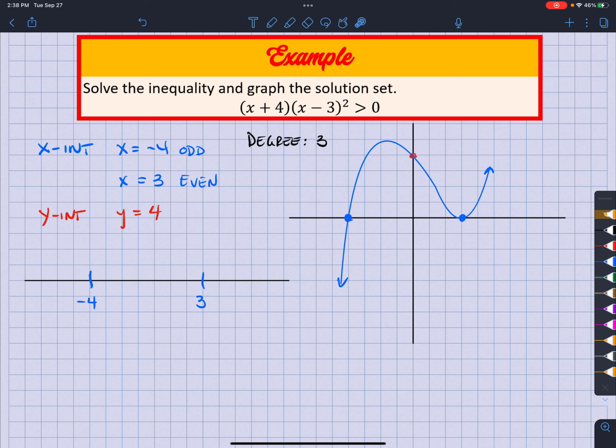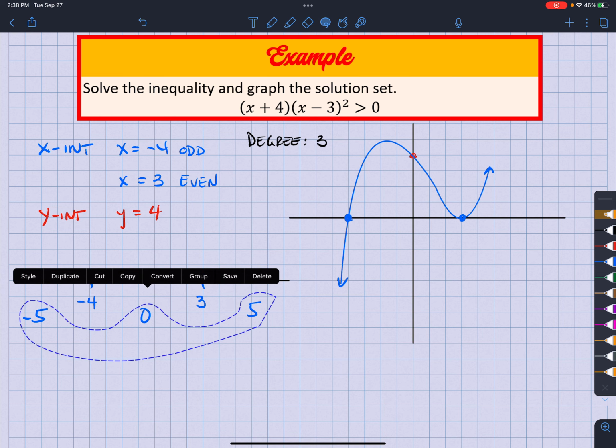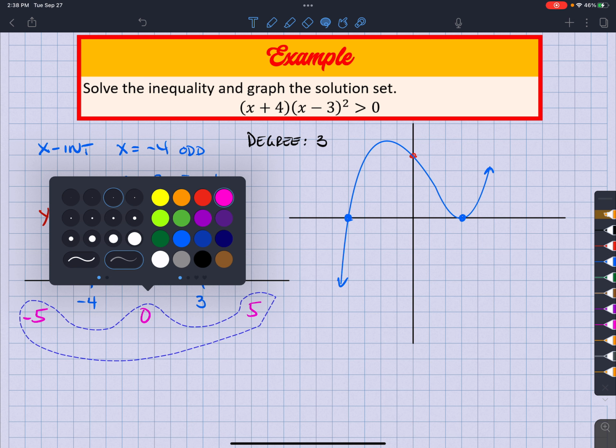So let's try -5, and let's try 0, since 0 is in here, and let's try 5, right? Let's try those numbers, okay? Let me make these numbers fuchsia, all right?